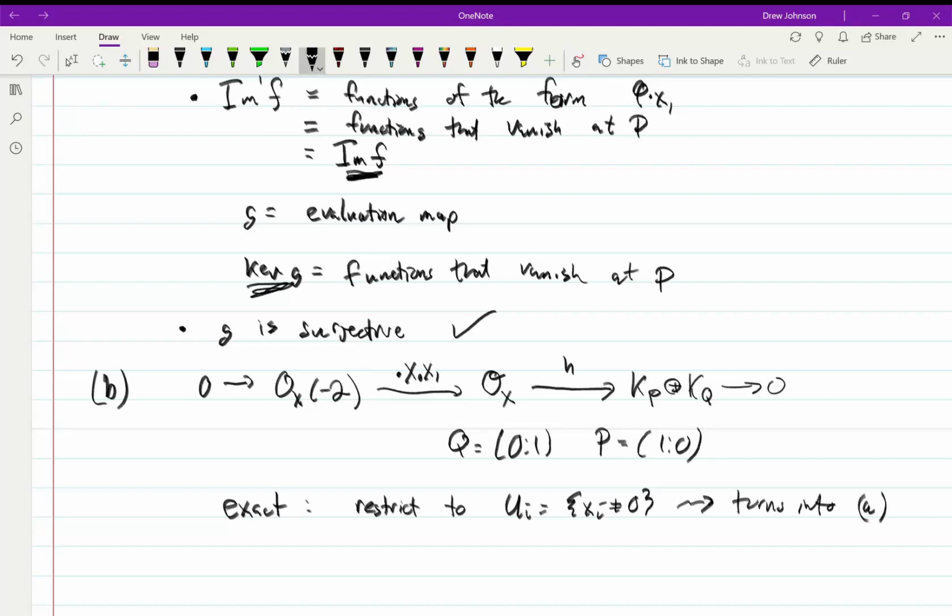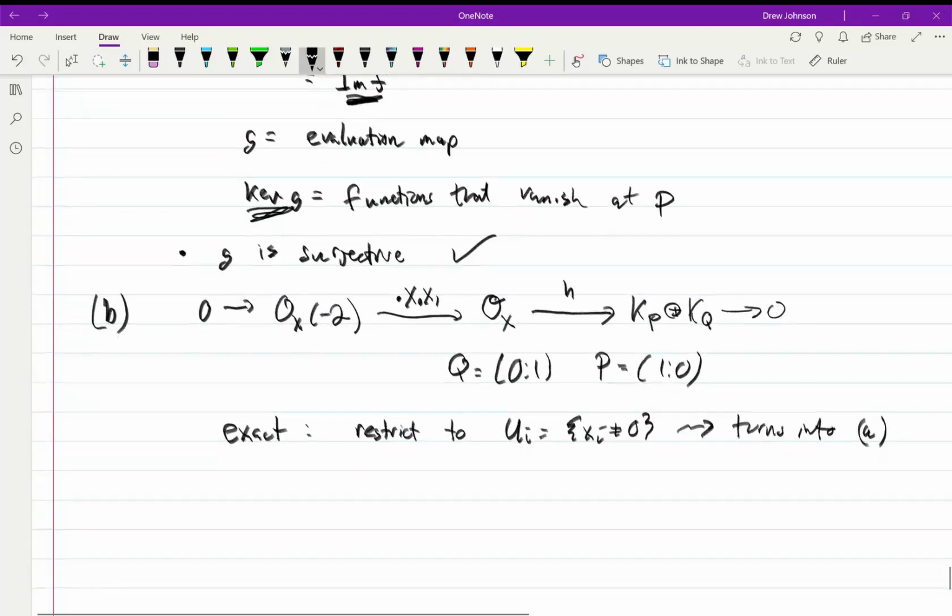Okay, so I'll leave you to check that. But the interesting thing about this one is that the point is h is surjective, but not surjective on global sections.